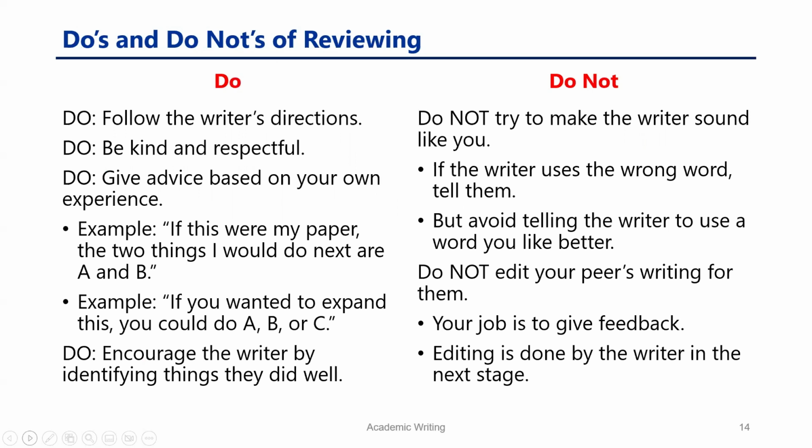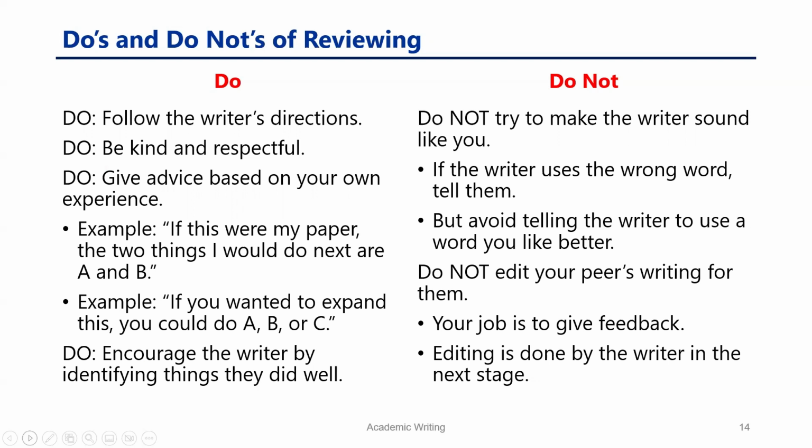So let's look at some of the do's and don'ts of review. When you're being a peer reviewer and you're looking at another student's paper, do follow the writer's instructions. Do be kind and respectful when you're giving feedback. Give advice based upon your own experience.